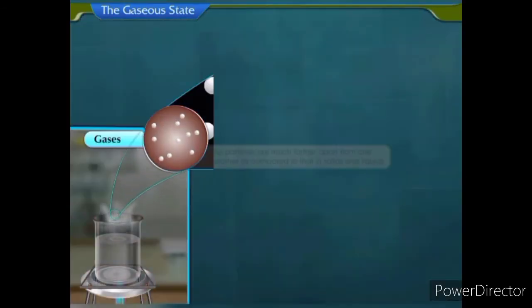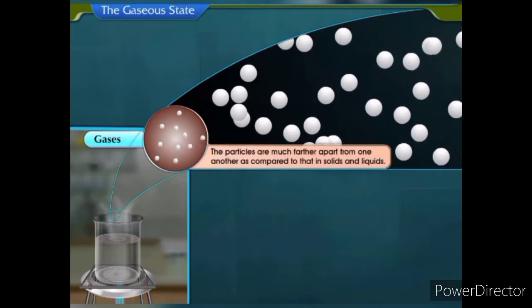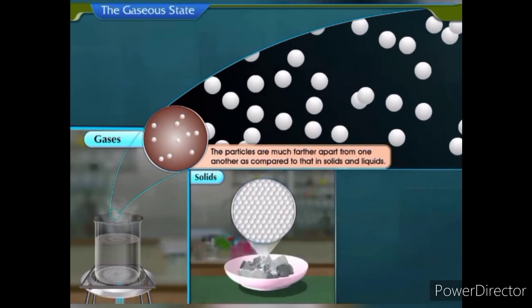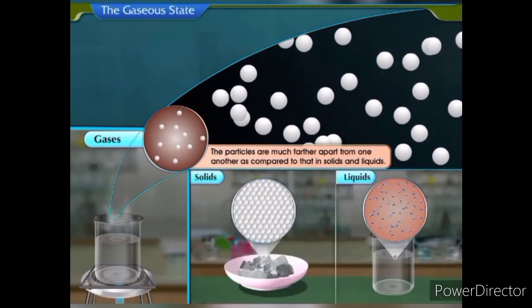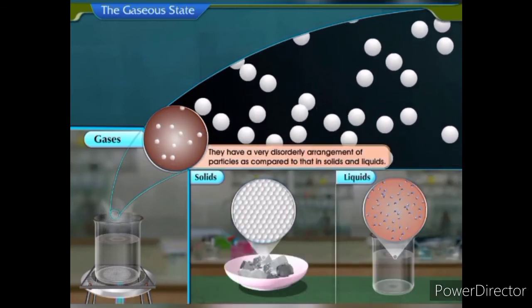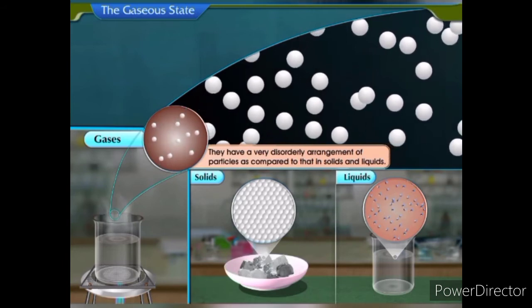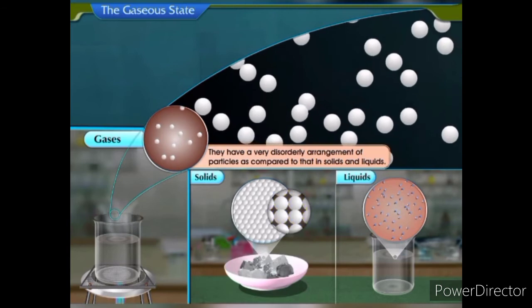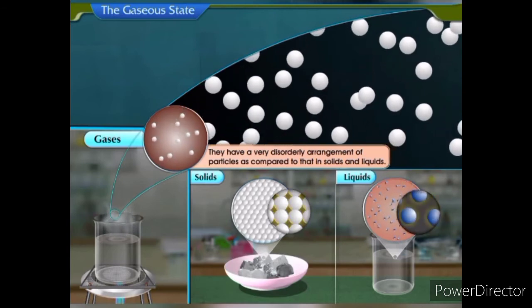In gases, the particles are much farther apart from one another as compared to solids and liquids. They have a very disorderly arrangement of particles compared to solids and liquids.